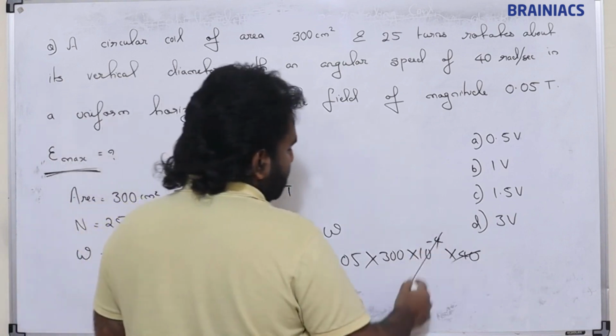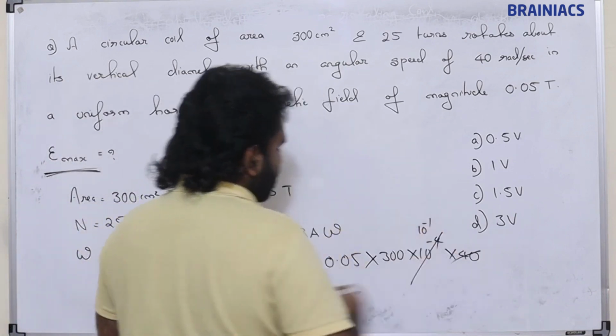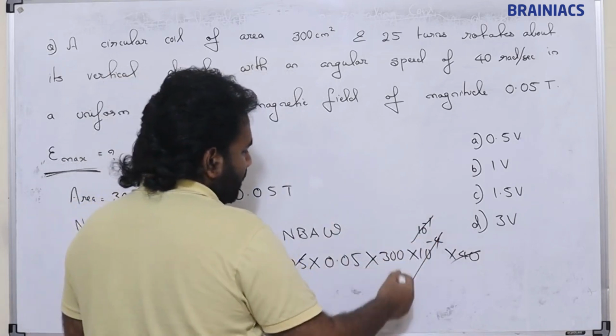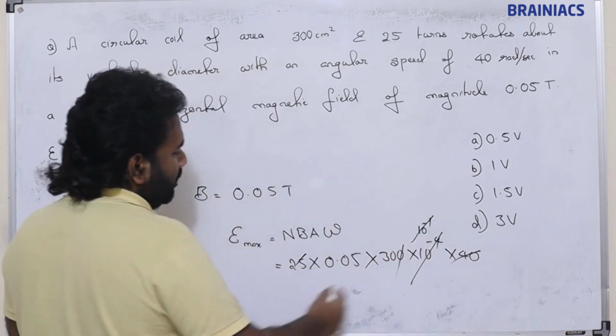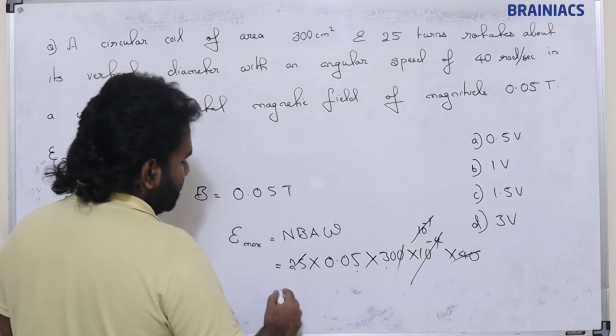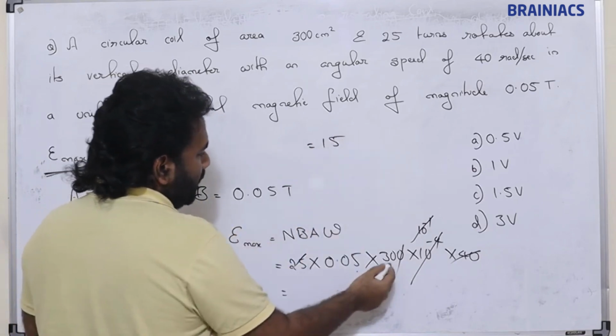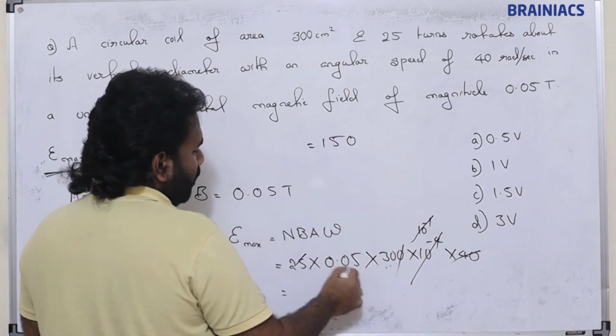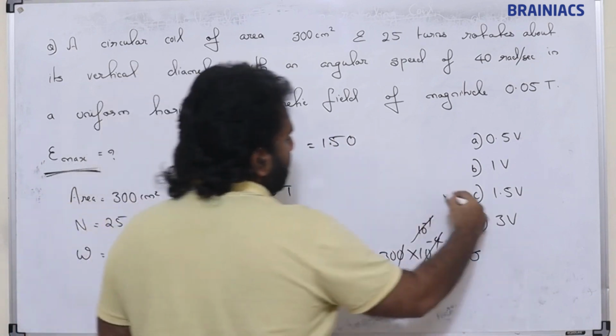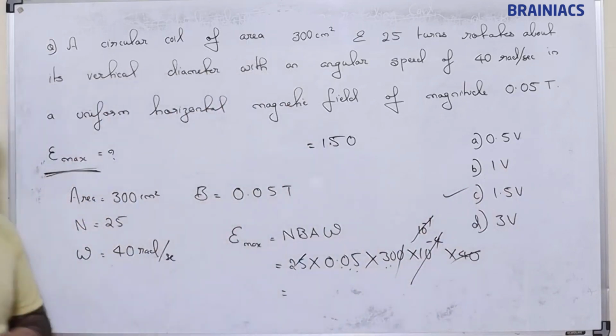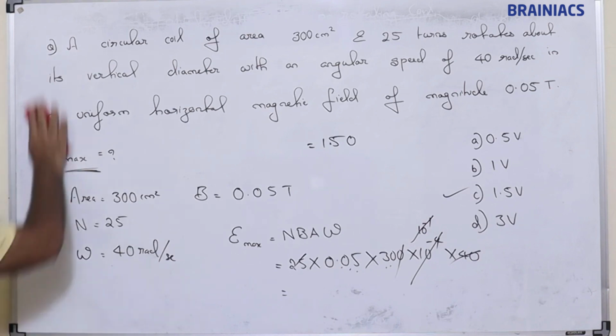If we cancel with this, this will become 10 raised to minus 1. This 10 raised to minus 1 and this 0 can be cancelled. 5 into 3 is 15. The 0 is here, 0.05, so we'll put that. Answer is C. Clear or what? Fine. NBA omega. Clear? Shall we do the next problem?